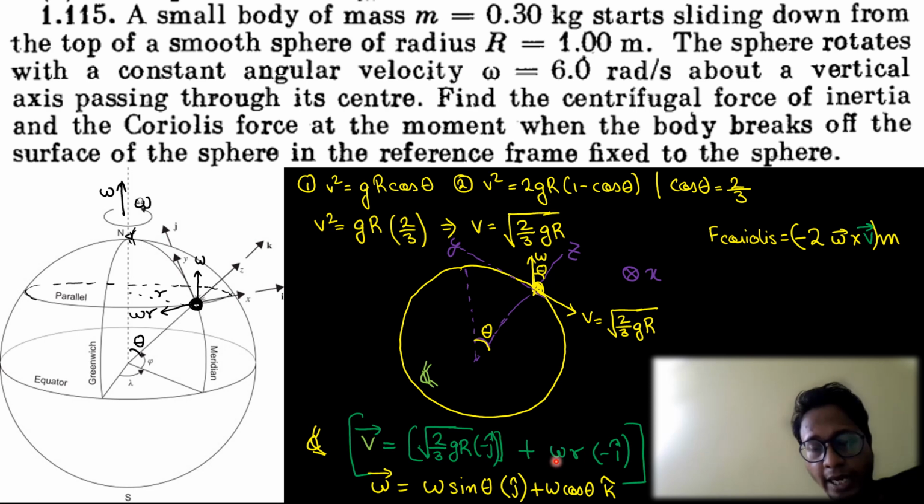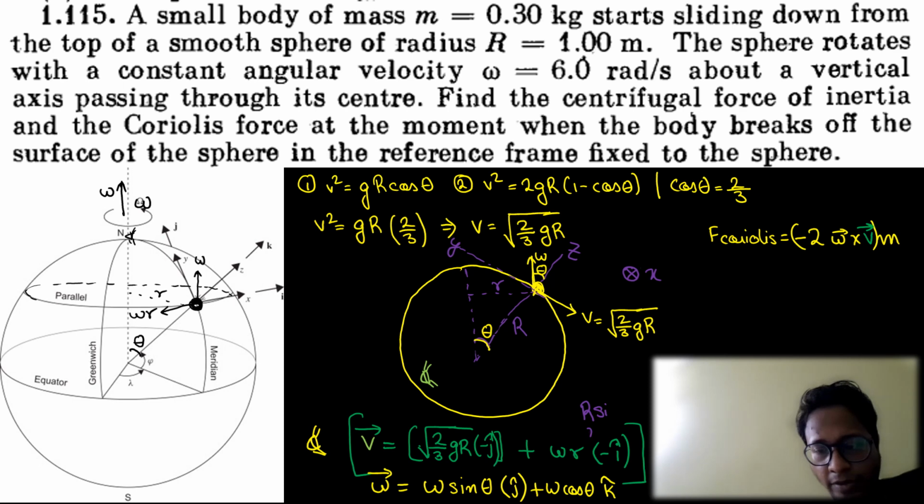Now focus at r out here. What was r? R was nothing but the radius of the circle. Out here r is nothing but this value, where r is the radius of the circle. And what is the relation between radius of the sphere and radius of the circle? Radius of the circle is nothing but radius of the sphere into sine theta.